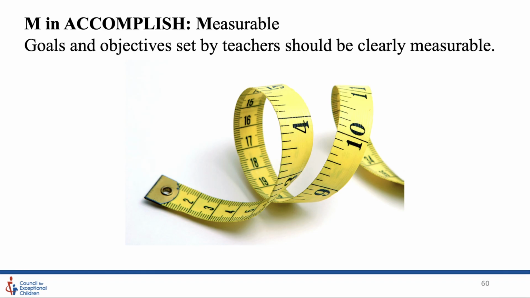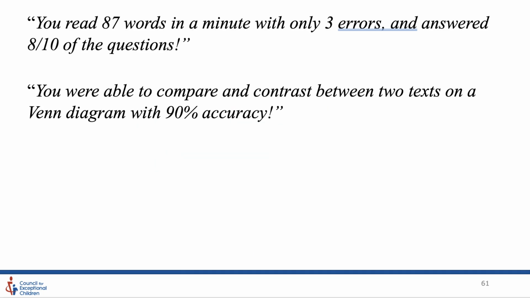Observable, I can clearly tell that it's happening or not happening. Measurable, I can clearly tell the extent to which the student is hitting the mark. That the student read 87 words in a minute with only 3 errors and answered 8 out of 10 of the questions. You were able to compare and contrast between 2 texts on a Venn diagram with 90% accuracy.